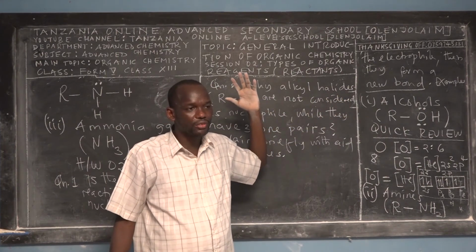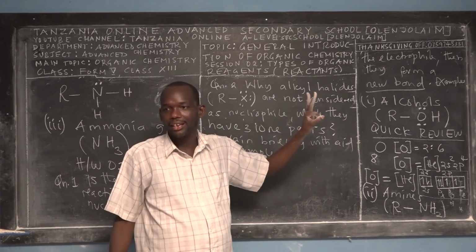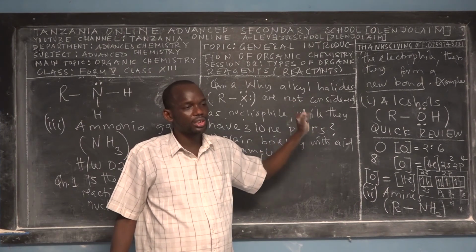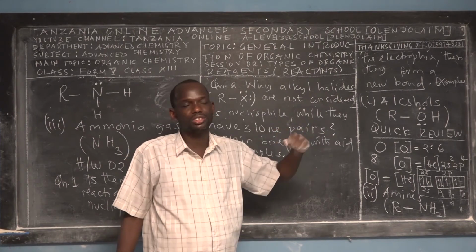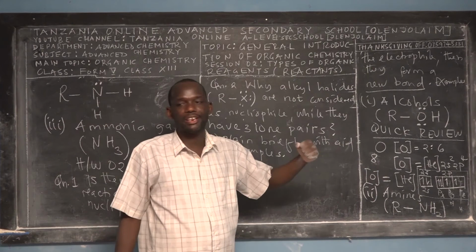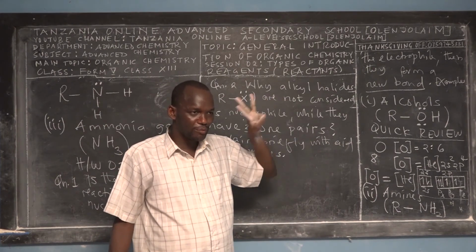Go and write the electronic configuration. They contain 3 lone pairs. It means that 6 valence electrons of halogens do not take part in the formation of a normal covalent bond. So they have in total 3 lone pairs.